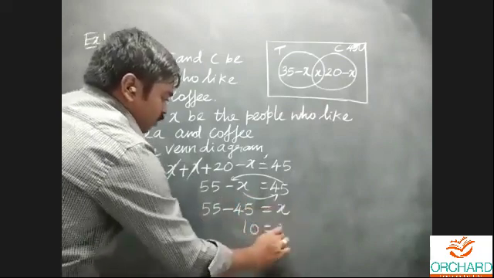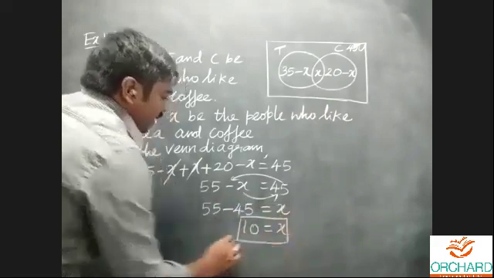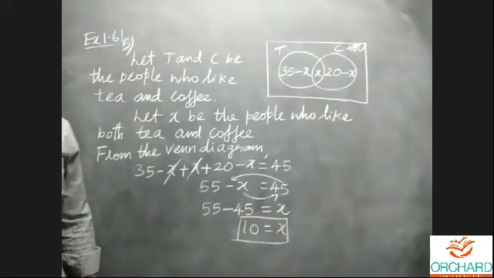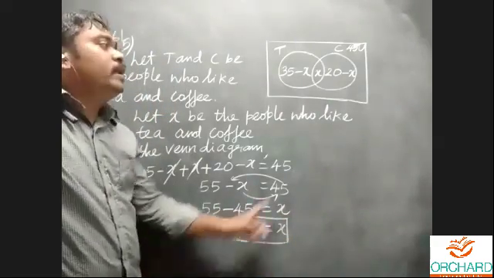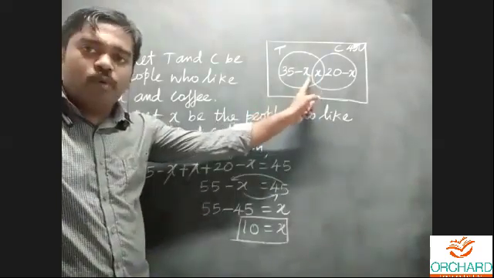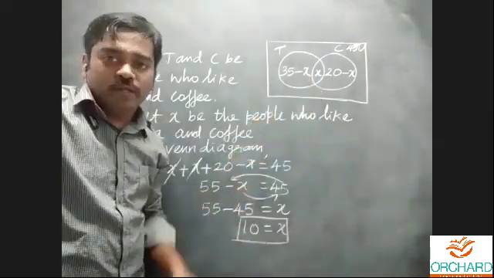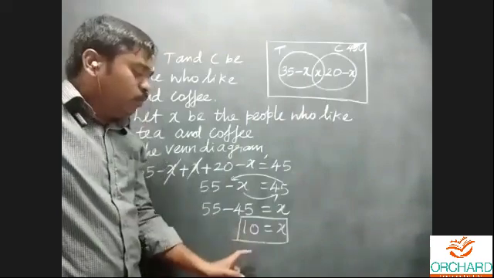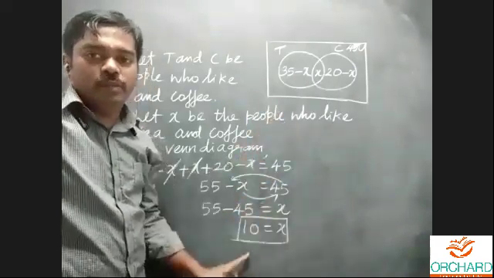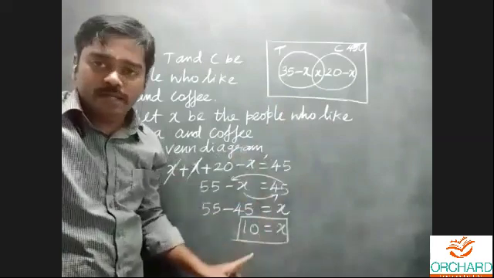The value of X is equal to 10. Then how many of them like both coffee and tea? 10 people like both coffee and tea.